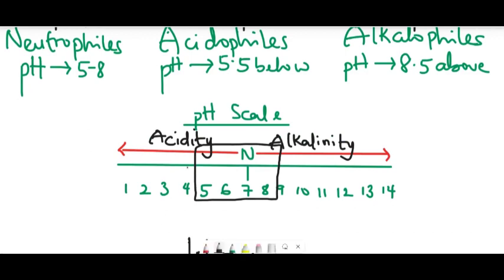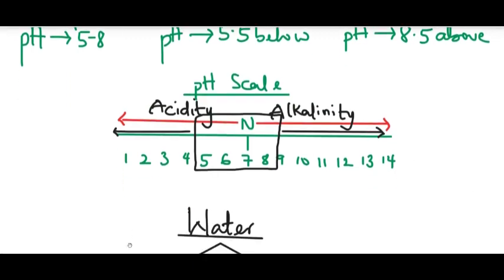They operate below 4, and the next one is your alkalophiles. They operate from 8.5 to 14. Acidophiles operate from around 4 or 4.5, sometimes 5, down to 1, right?